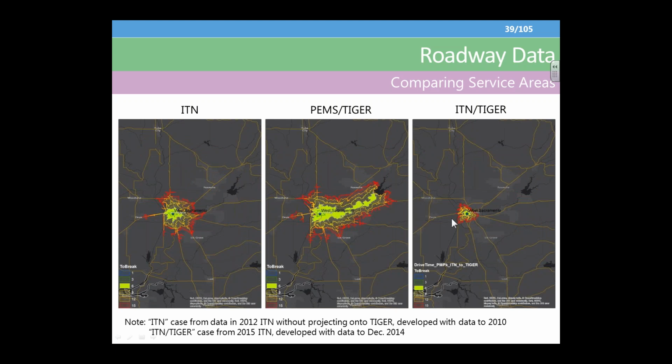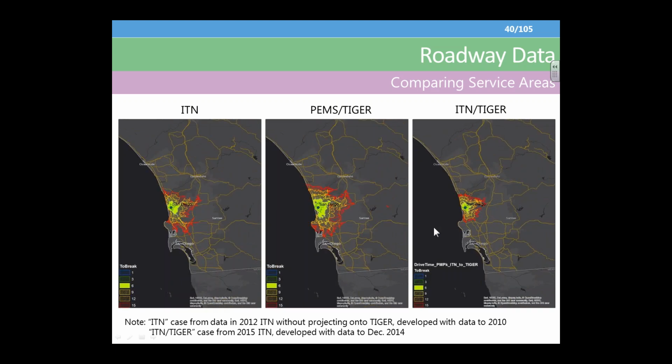This is Sacramento. PEMS Tiger really did not make much sense that you could get this far within 15 minutes, all the way out to Folsom Lake. And then this is ITN, and then ITN Tiger. San Diego. I'll get one more slide.